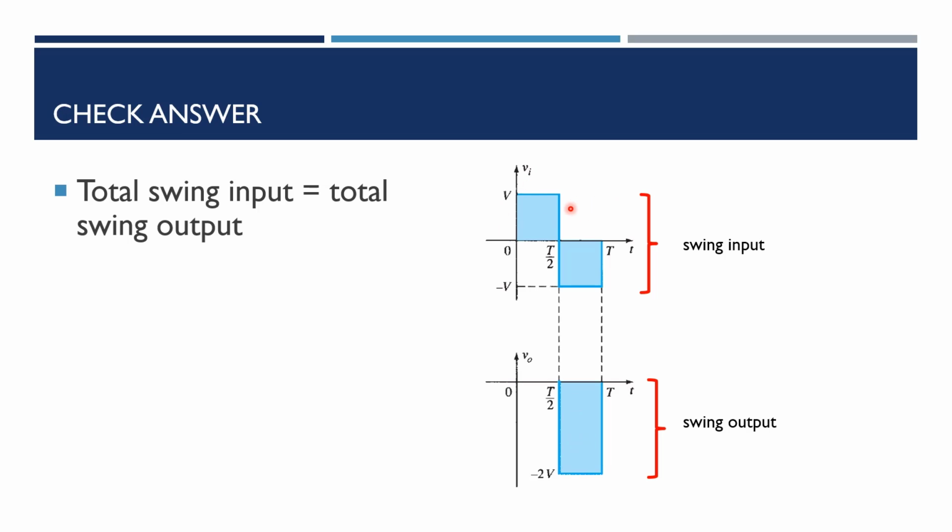If we get the same value for both input and output, here we have 1V for example, and here we have another 1V, so the total is equal to 2V. Then we check with our output here. Again, this is the same value. So this means that our answer is correct.